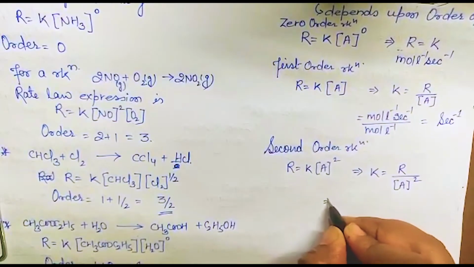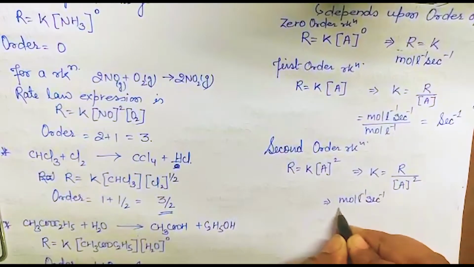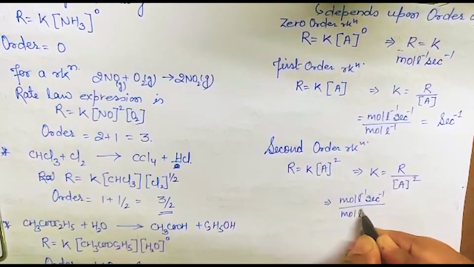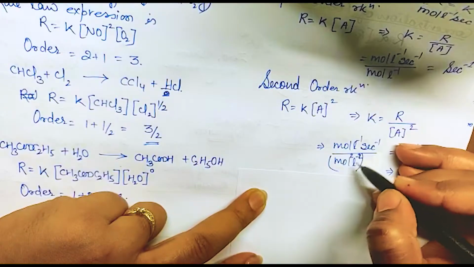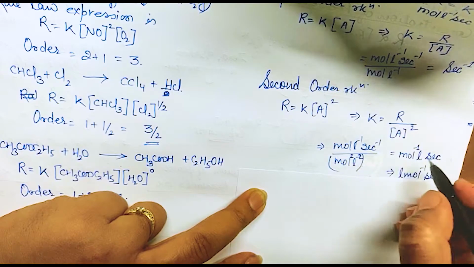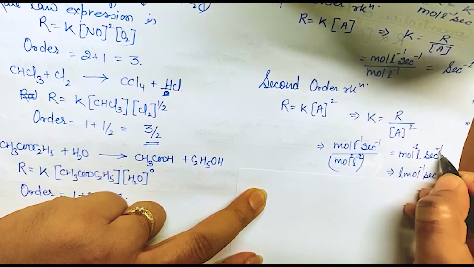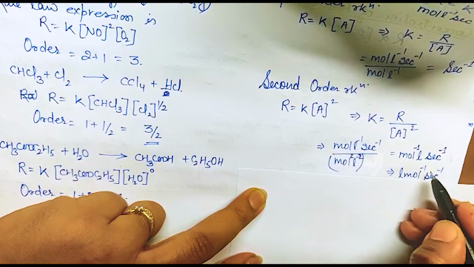R is equal to, we know, mole per liter per second, and concentration unit squared. The mole cancels, mole in square left will be mole inverse, and then liter comes out like liter, and this is per second. So we can write liter per mole per second.